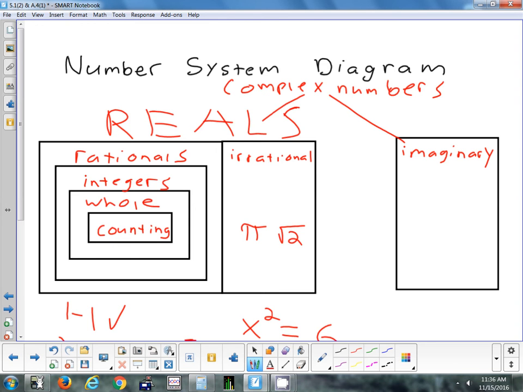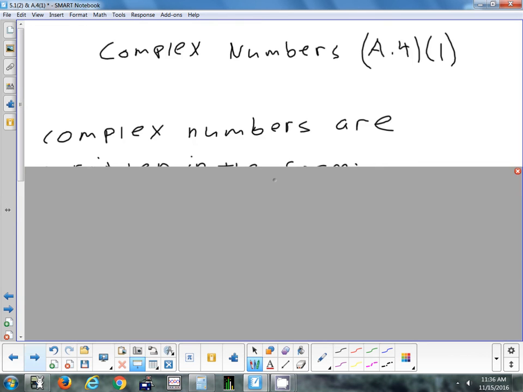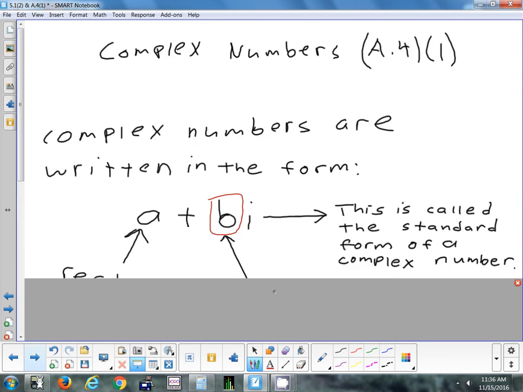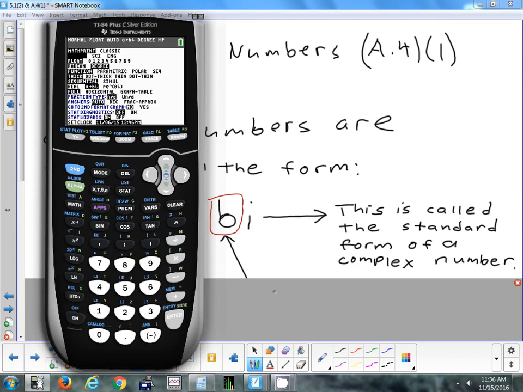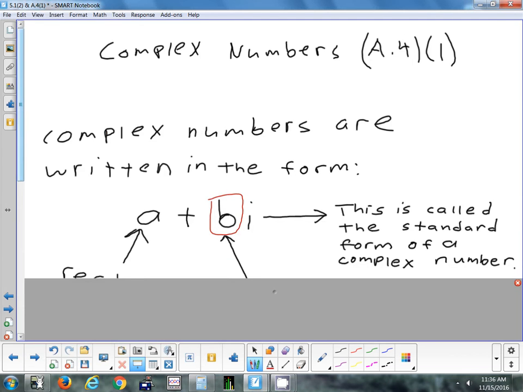Okay, so there's our number system diagram. So complex numbers are usually written in this form. I don't know if you noticed it when I changed the mode on the calculator, but it said A plus Bi on it. And that's exactly the way our textbook describes writing a complex number.